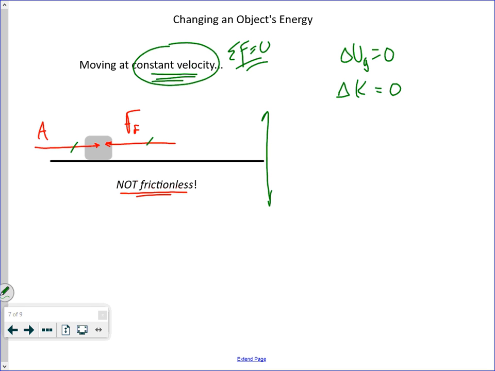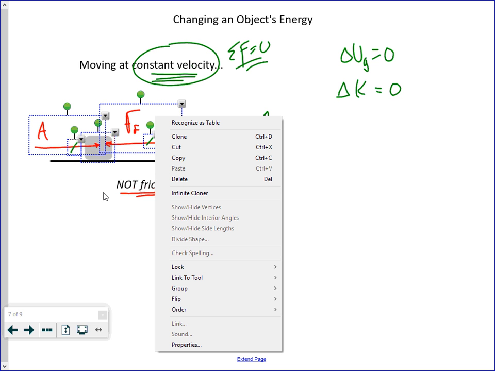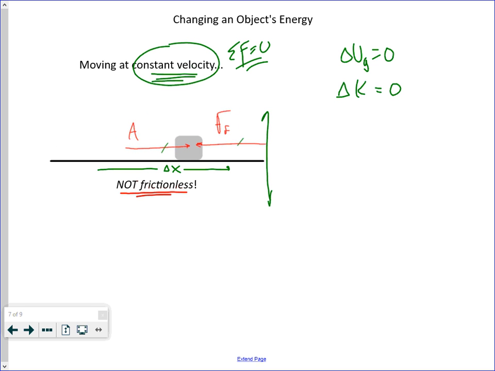But energy does change. There is a transformation of energy that takes place here. If we push this object through this distance delta x, and we push and push across this rough surface, there is this product of the applied force and delta x.